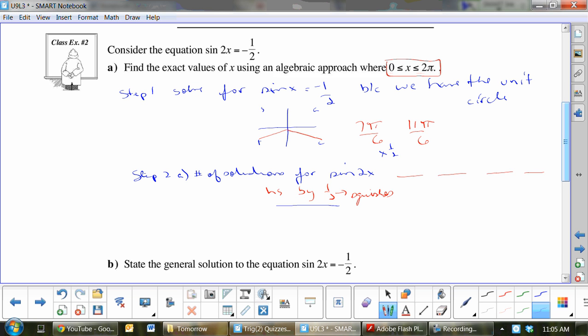Multiply by 1/2. So that would be 7 pi over 12. And this we're going to multiply by 1/2. Why? Because it's a horizontal stretch by 1/2. So that's going to be 11 pi over 12.